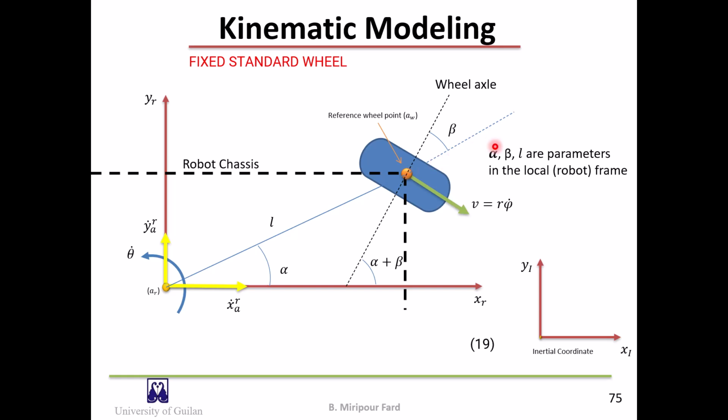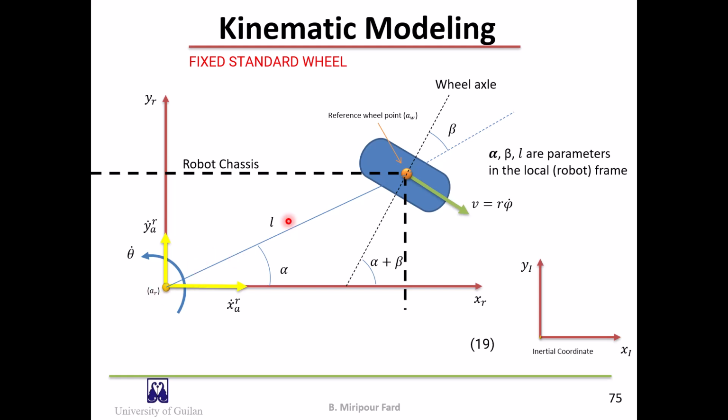Beta is the angle of the wheel plane with respect to the chassis, and for a fixed standard wheel, beta is always constant. AR, the reference point of the robot, and AW, the reference point of the wheel, can constitute a line segment whose length is always constant.